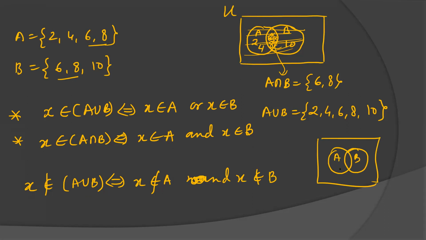The element is not here, not here. It means the element is outside, in the universal set. Suppose the universal set is 1, 2 up to 10. Then the other elements will be 1, 3, 5, 7, 9 here.